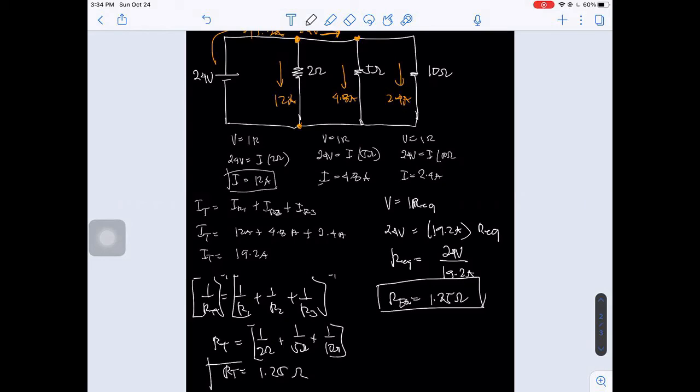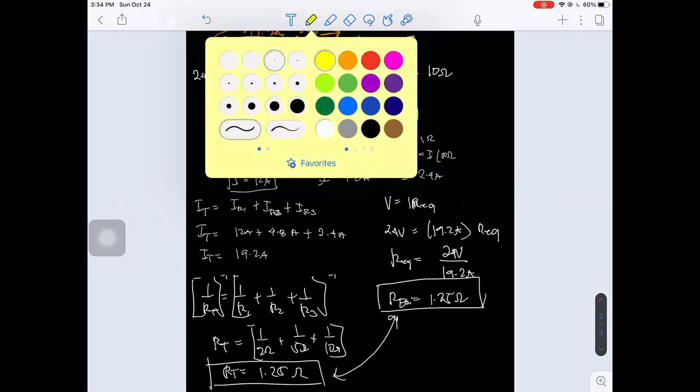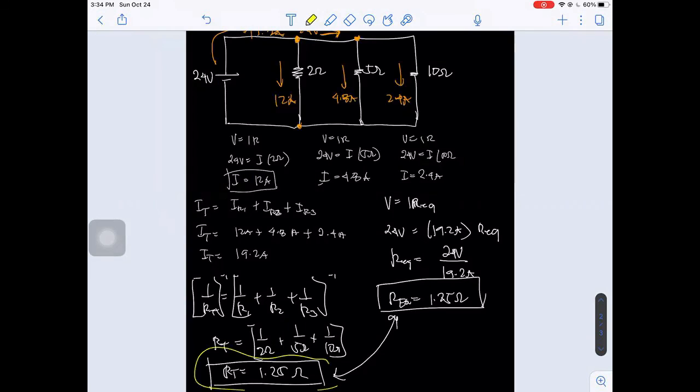So this is the same as our previous example. As you can also observe, the total resistance is less than the resistance of each resistor. So RT is less than 2 ohms, RT is less than 5 ohms, and RT is less than 10 ohms.